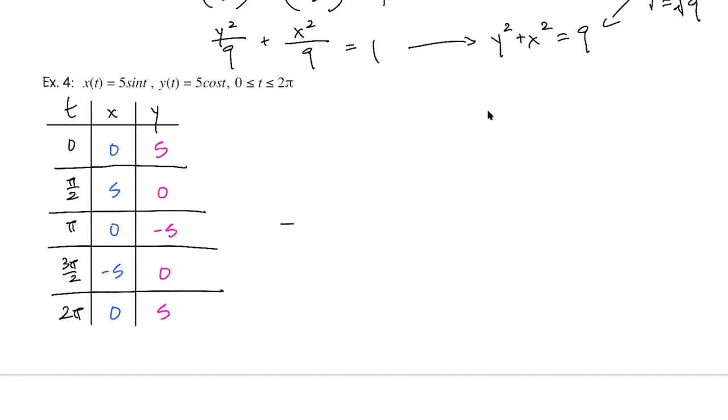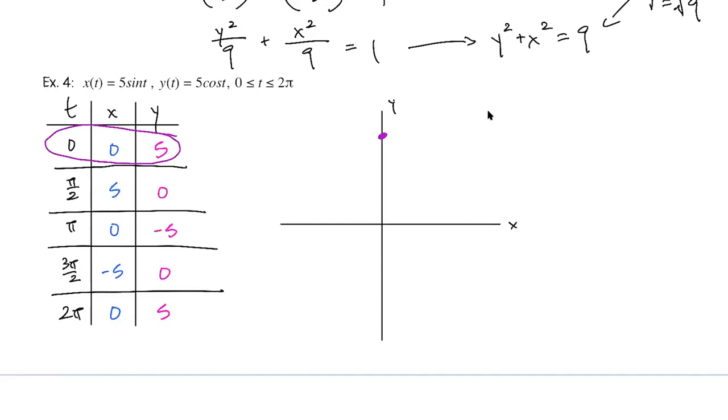So if we were to sketch this on a rectangular coordinate system, we would indeed get a circle with a radius of 5, okay? And our starting point is not going to be on the x-axis. Our starting point is actually up here at 0, 5, because that is the first value in my interval.